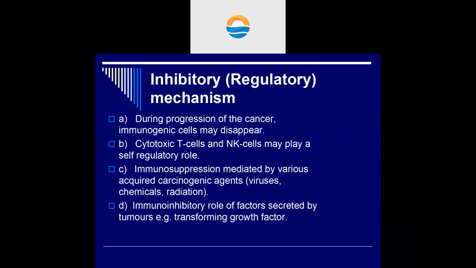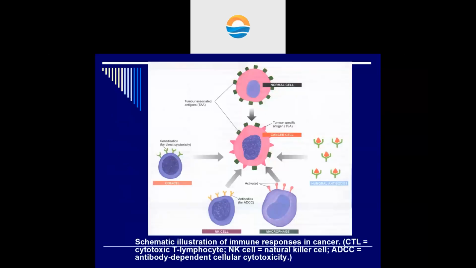The immunoinhibitory role of factors secreted by tumors also plays a role, for example, transforming growth factor. So here is the schematic illustration of immune responses in cancer. You see here cytotoxic T lymphocytes, natural killer cells, antibody-dependent cellular cytotoxicity. So all mechanisms are involved in immune response to cancer.